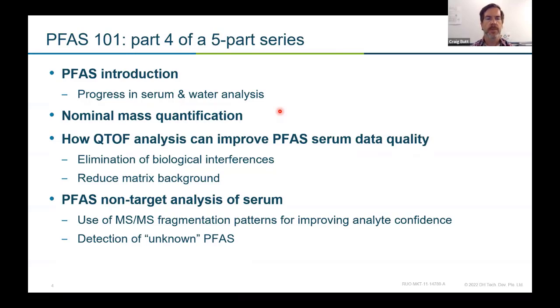We'll be starting off talking about measuring PFAS using nominal mass quantification, so on triple quad or QTRAP type of instruments. And then we'll be talking about PFAS being measured with the QTOF or the accurate mass instruments, and the particular advantages that accurate mass can provide you for this type of PFAS and serum analysis.